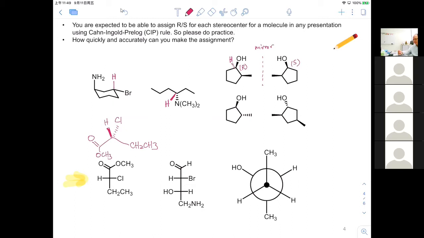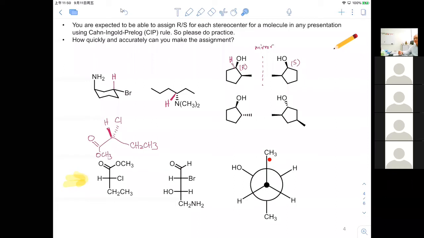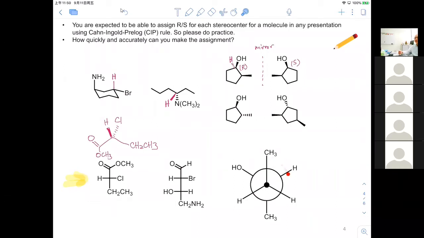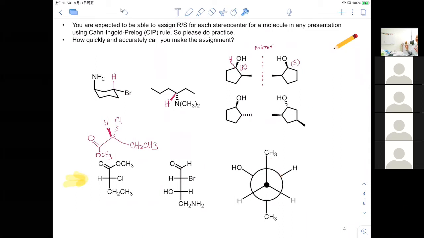Okay, so the same with these Haworth projections. Just try to be familiar with these different kinds of representation methods, Haworth projection, Fischer projection. Then when you encounter a molecule in an exam or in real life, you can transform it to the way you want it to look, without the loss of any chiral or stereocenter information.